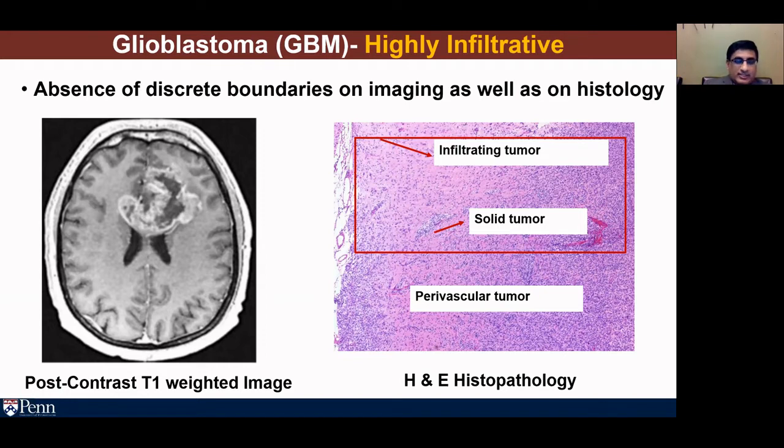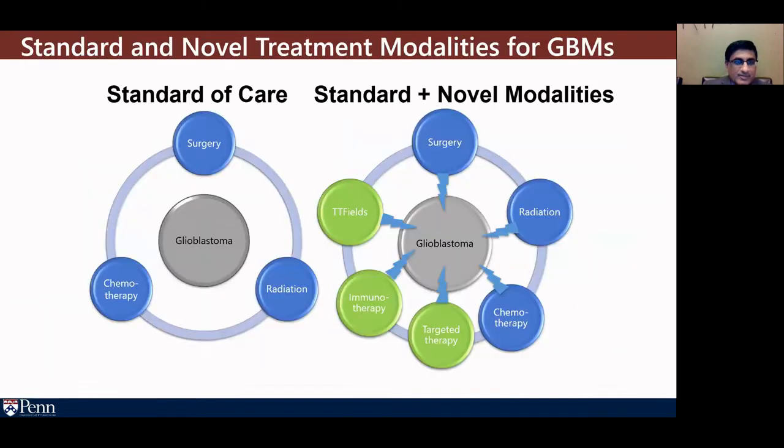On conventional imaging or histopathology, there are no discrete boundaries which can separate the solid component of the tumor from the infiltrative tumor components. So it's very hard to differentiate these two components based on conventional neuroimaging or even on histopathological specimens.